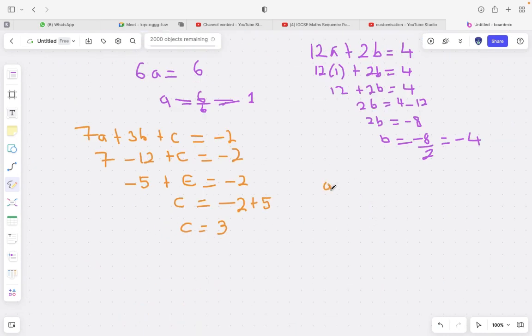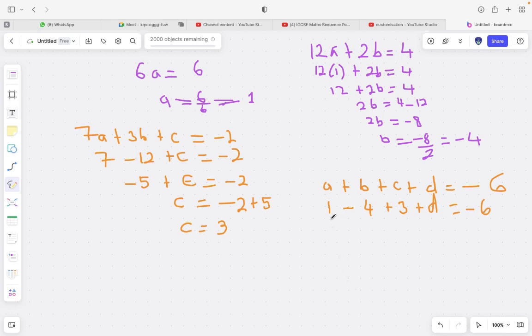A plus B plus C plus D is equal to -6. Okay, so A is what? 1. B is what? -4. So negative and plus, it will be negative. C is what? 3. So plus 3. D we don't know. That's what we're looking for. We're looking for D, plus D equal to -6.